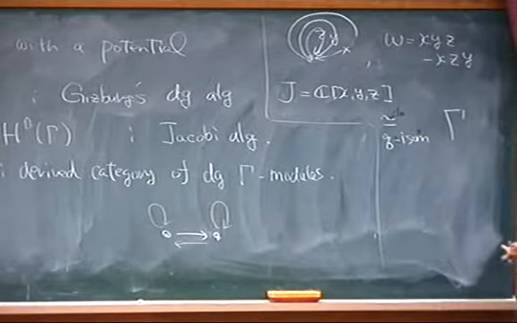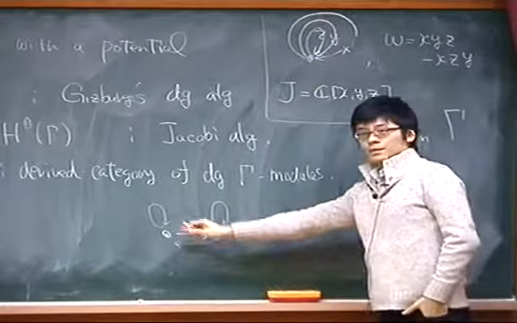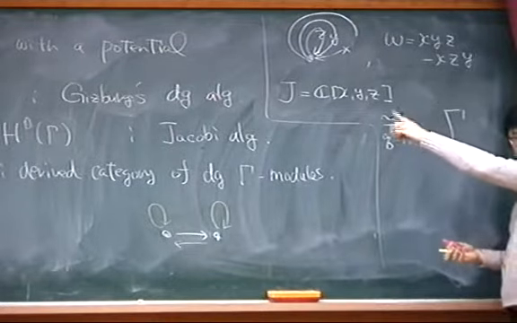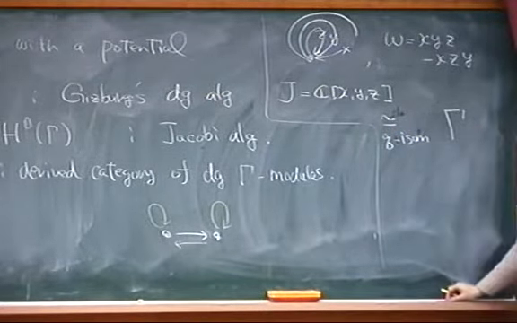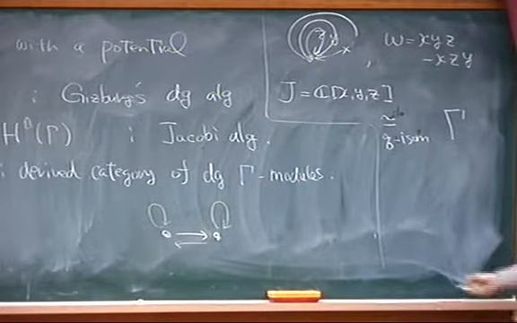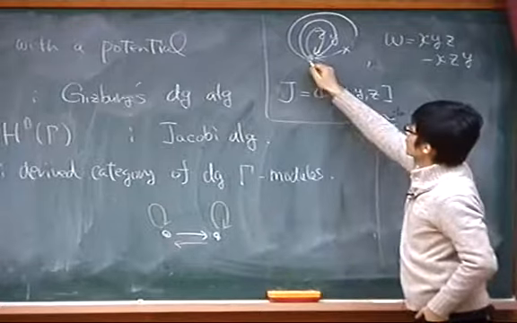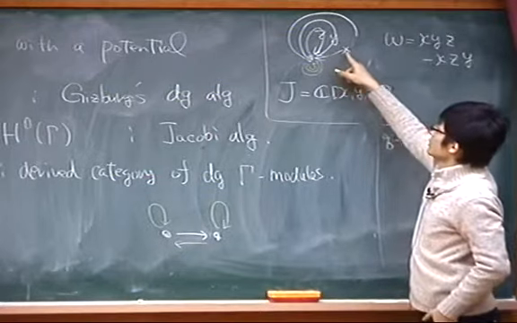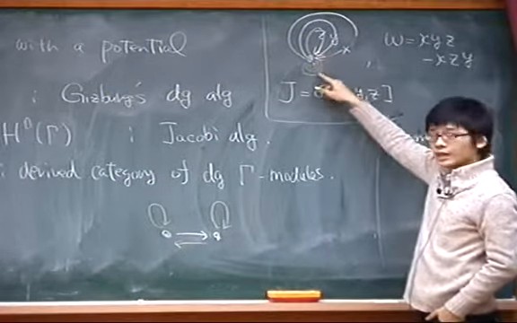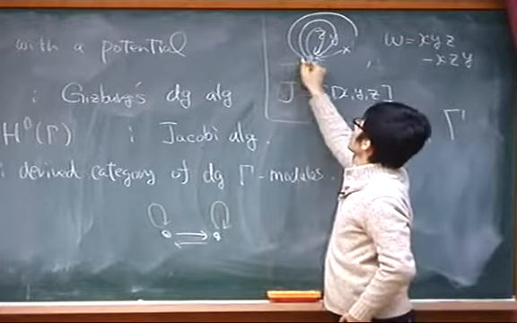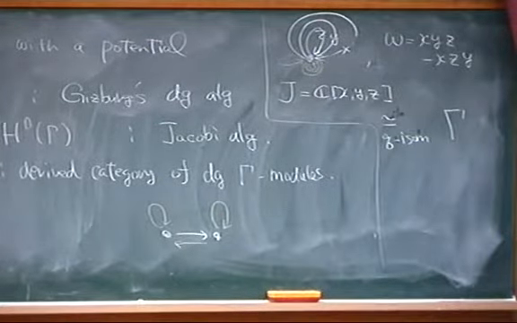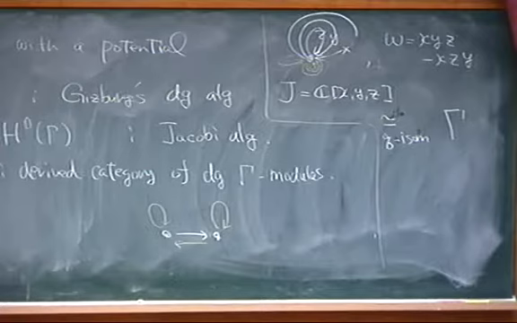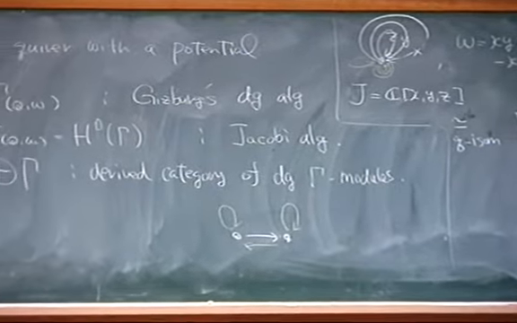We also define the derivation, and in the definition of the derivation we put the information of the potential. In this case, we add three arrows, the dual of x, the dual of y and the dual of z, and one loop. And we construct a certain DG algebra. Anyway, in this talk, the definition of the Ginzburg algebra is not so important.